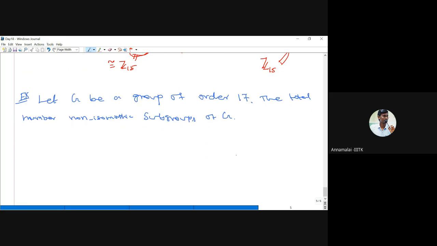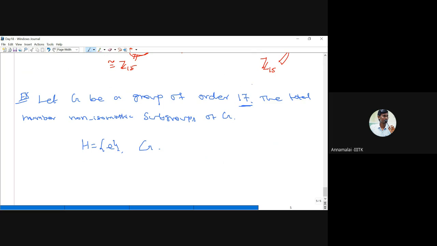Since 17 is a prime number, there is no proper subgroup except the identity element. Therefore, the only subgroups are H equal to the singleton {e}, and the whole group. So only two subgroups because the group order is prime. Any group is a subgroup of itself, and the singleton {e} is also a subgroup.